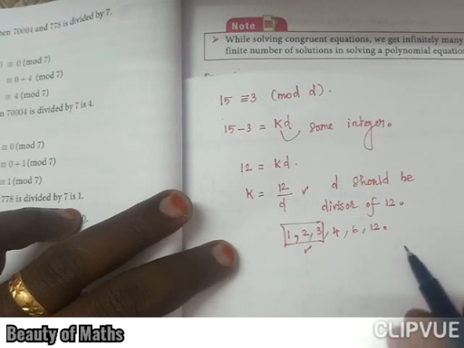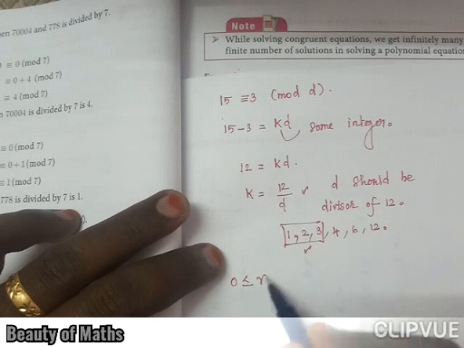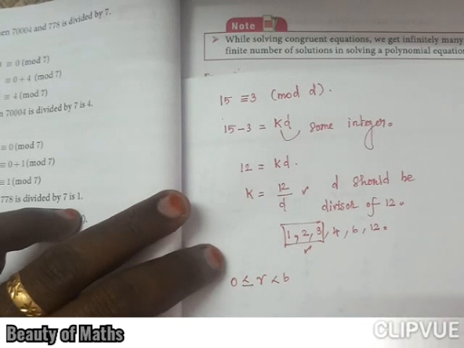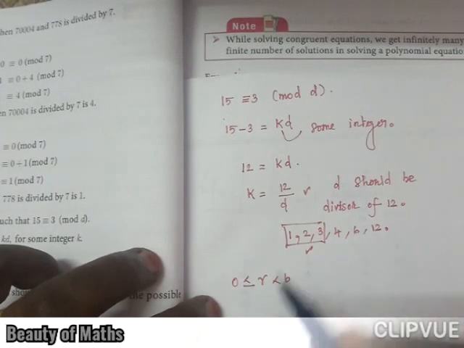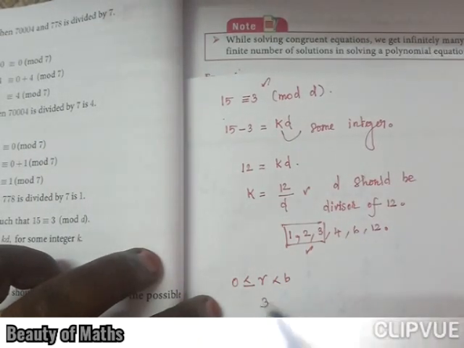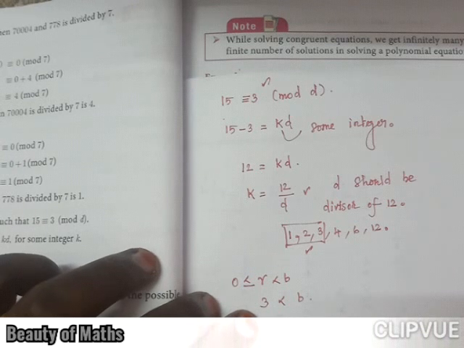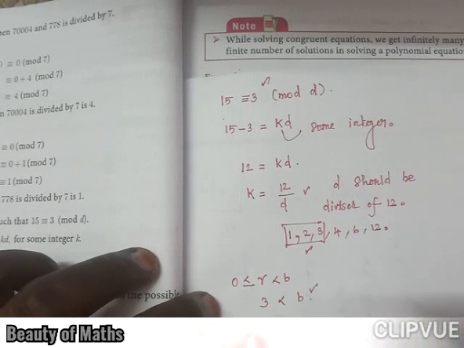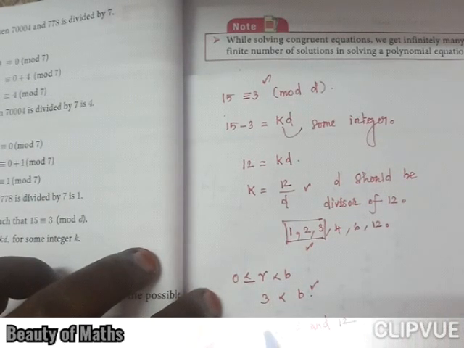The reason is that the remainder is greater than or equal to 0 and less than the divisor. The remainder is 3, so the remainder should be less than the divisor. So the divisor must be 4, 6 and 12. This is the answer.